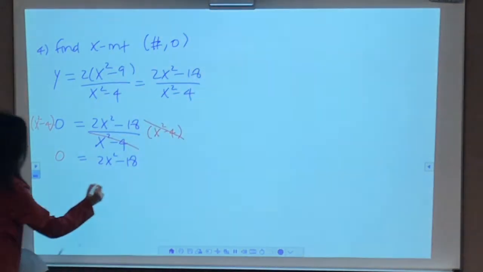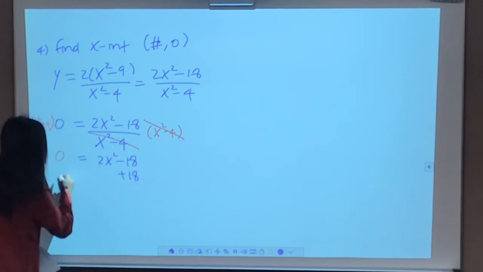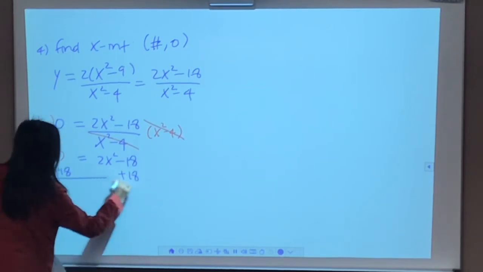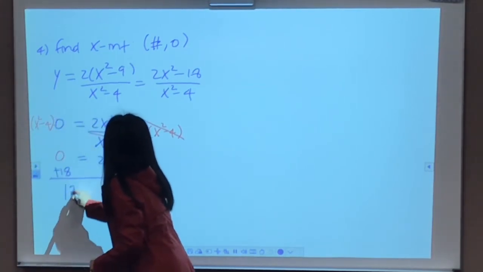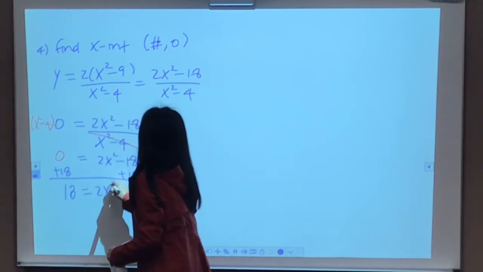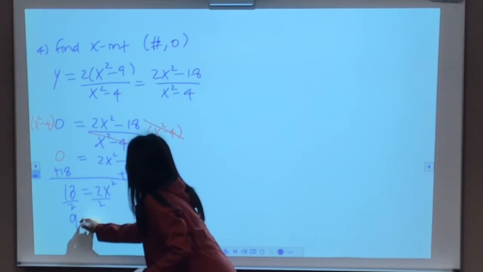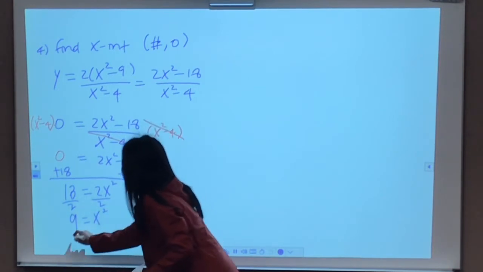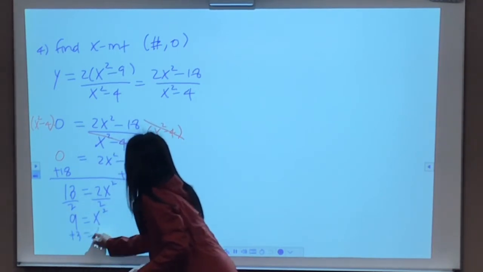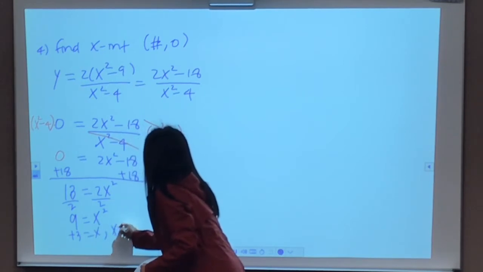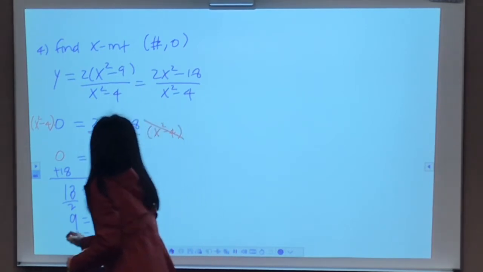All right, let's start with this one: add 18. So 18 is equal to 2x squared, divided by 2. So we have 9 is equal to x squared. That means x is plus 3, and negative x is equal to negative 3.